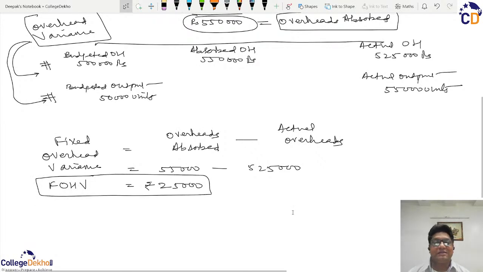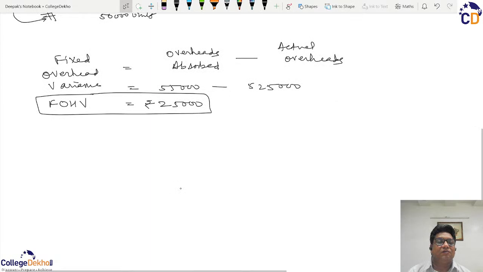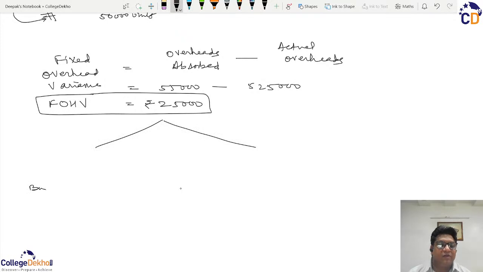And to analyze the reasons, we have two factors. One is that there is a difference between the budgeted overheads and actual overheads, and this difference is known as fixed overheads expenditure variance.